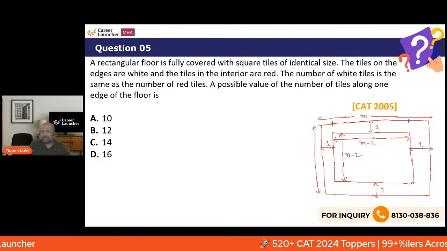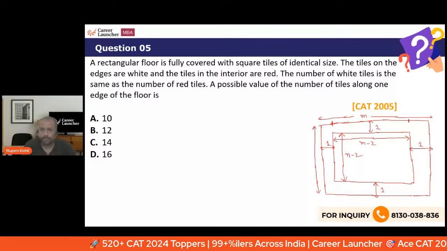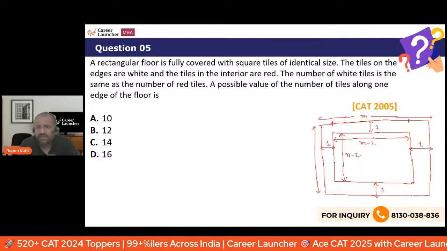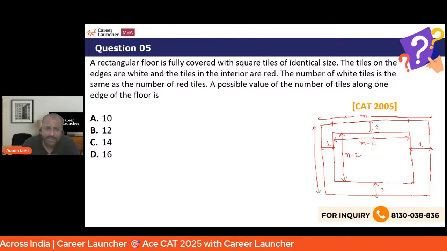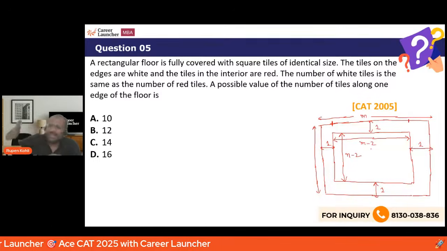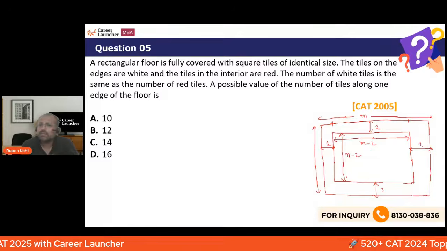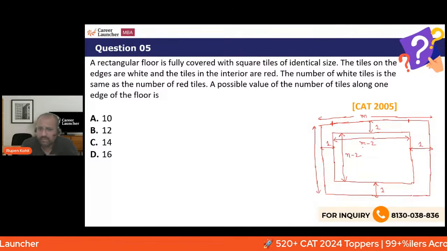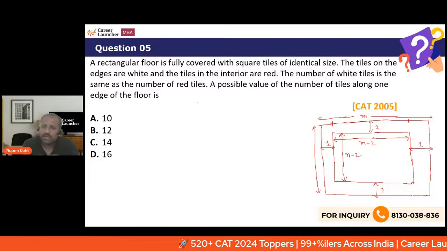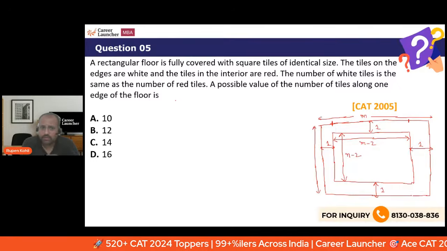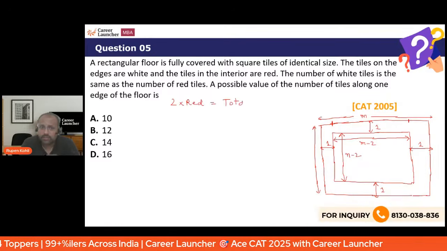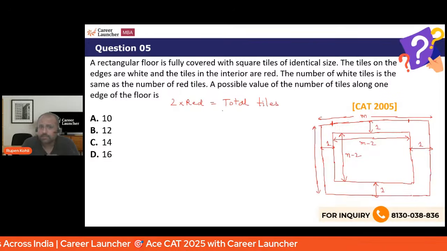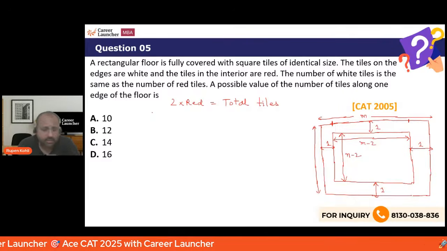So the inside number of tiles is an m minus 2 cross n minus 2 grid, and it is given that the white tiles equal the red tiles, effectively telling me that twice the interior tiles is the total number of tiles, because white tiles equal red tiles, right? And white plus red make up the total number of tiles. So can I say twice the number of red tiles equals the total number of tiles? From here I can create some equation.